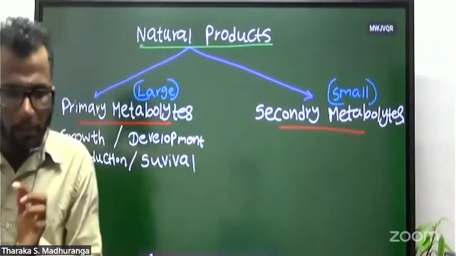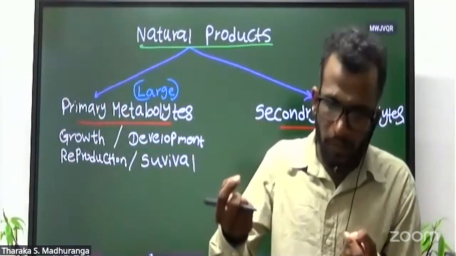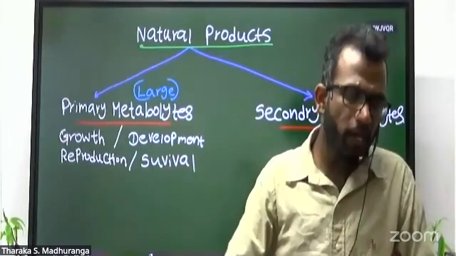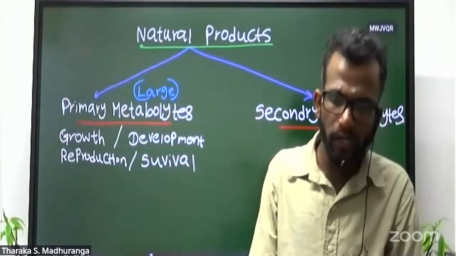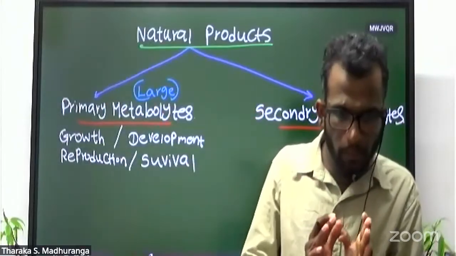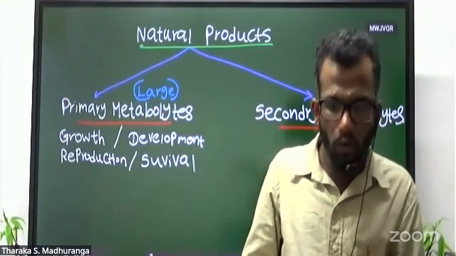The primary and secondary metabolites are both organic. Since natural products are organic, the subcomponents are also organic. So primary metabolites are organic compounds produced in living organisms.